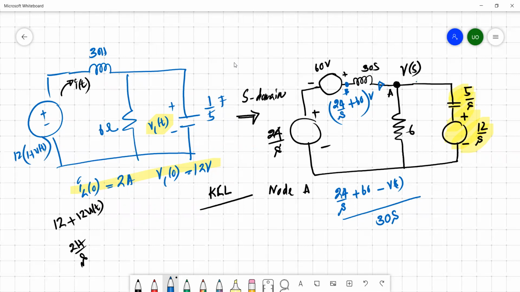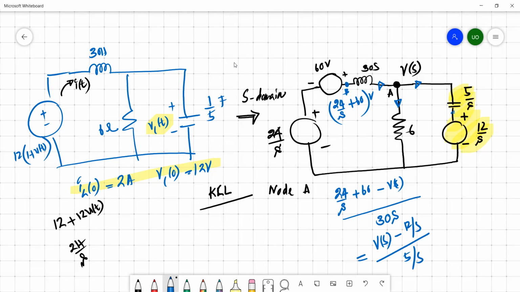So let's assume these currents are like this. This is the current flowing into the node, which equals the current flowing out from the node. The current flowing through this one: here the voltage is Vs and here the voltage is 12 over S. So you can just take Vs minus 12 over S divided by 5 over S as the current flowing through this branch.